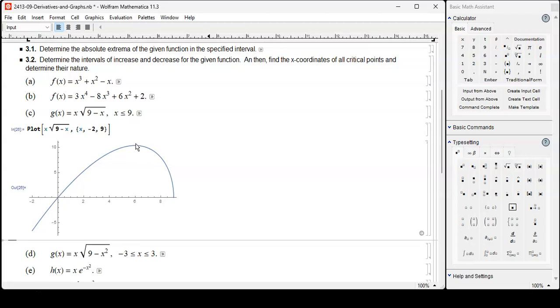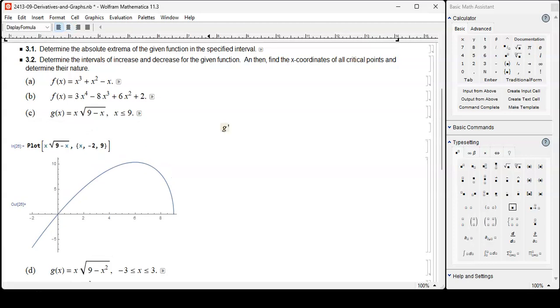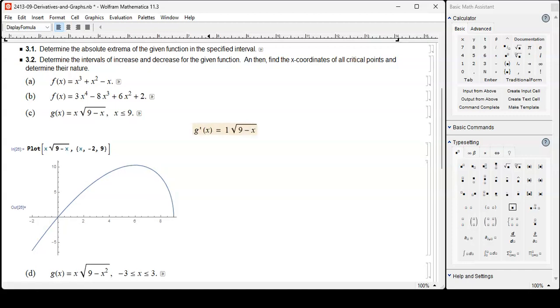Take the derivative, set it equal to 0 to find out. But that looks a bit challenging. How to take the derivative like this? Okay, let's use the product rule. The derivative of the first function times the second function plus the first function times the derivative of the second function, which is a chain rule.